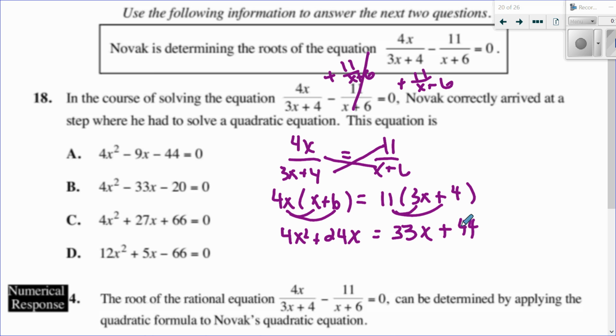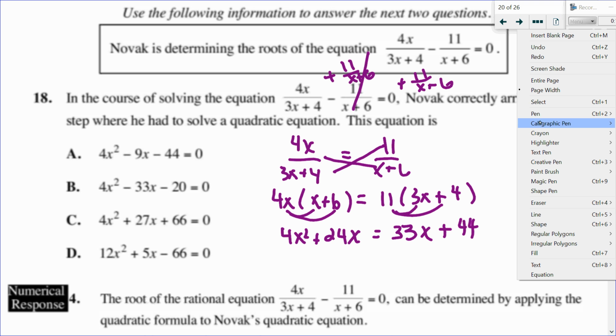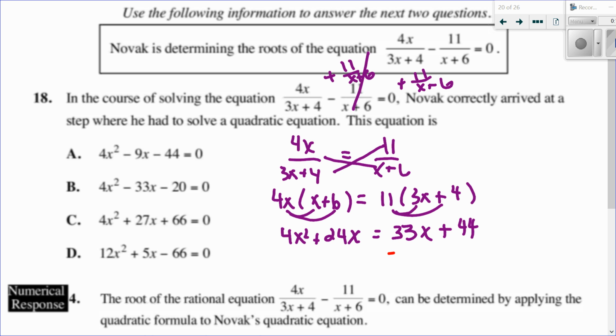So I want to set this equation equal to 0 because it's a quadratic, and then it matches up with what I have over here. So I have my x squared already on one side. So what I'm going to do is subtract 33x from both sides, because that's gone, and subtract 44 from both sides, because then that's gone.